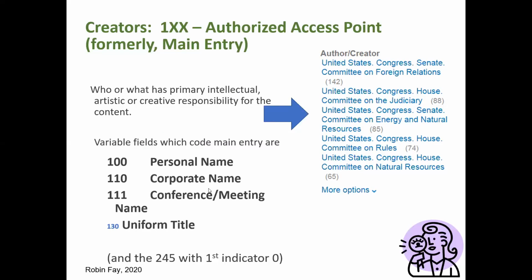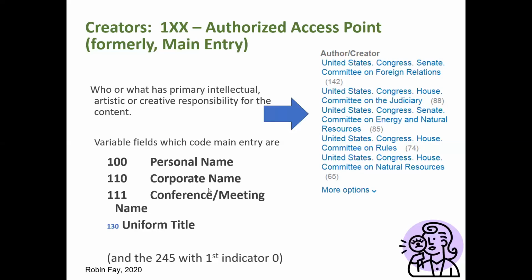This is the primary person or group who has the intellectual, artistic, or creative responsibility for the content. On the title page of a book, this would be the first person listed. It doesn't have to say by, but whoever's listed first would be that primary person.